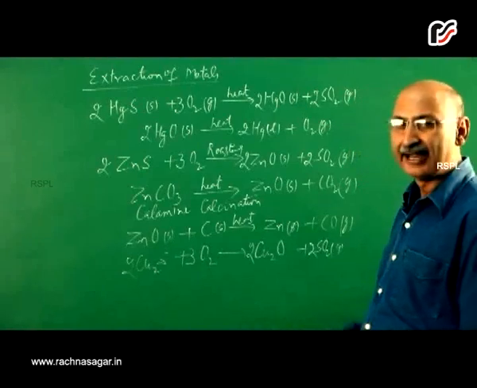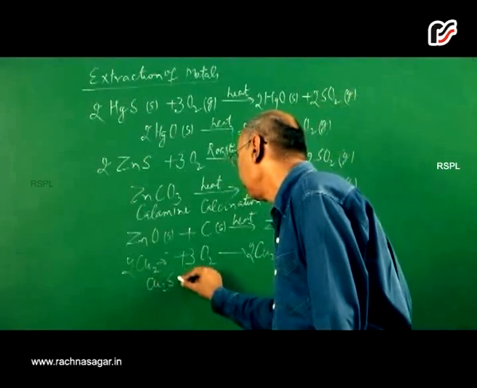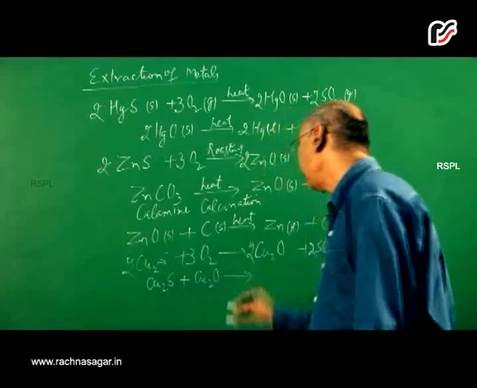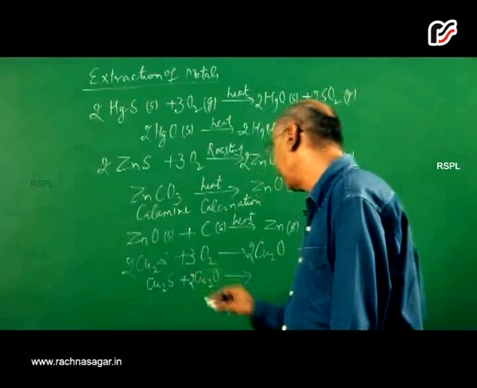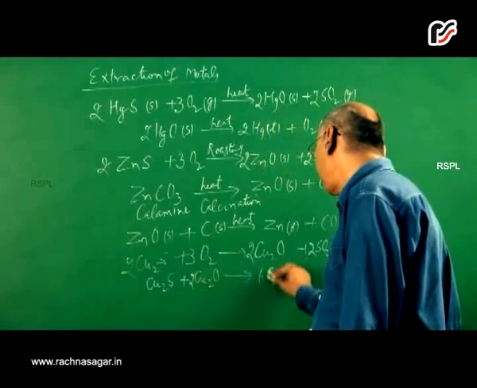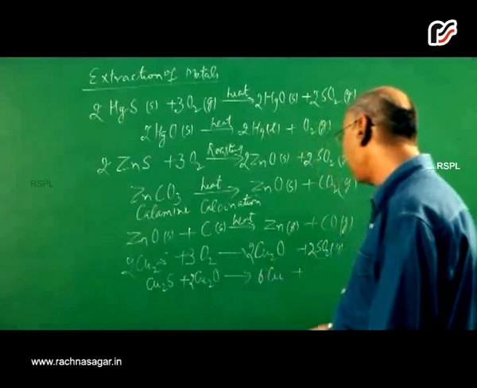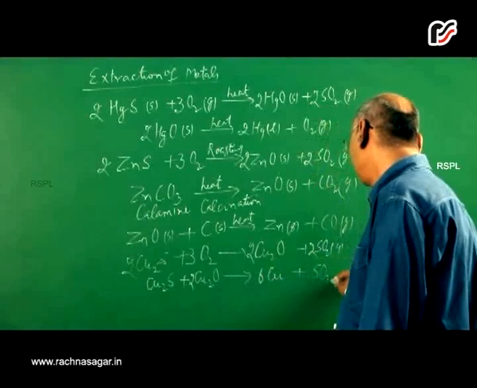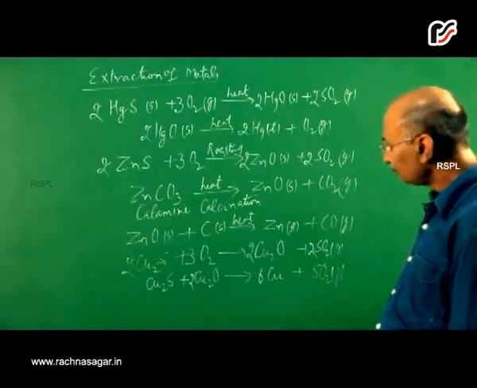Here we do not need an external reducing agent. Rather, internally cuprous sulphide can act as reducing agent. It is also called auto reduction. We can also call it Bessemerization. Here the copper formed will be impure because it has spots or blisters due to sulfur dioxide. It is to be refined with the help of electrolytic refining.